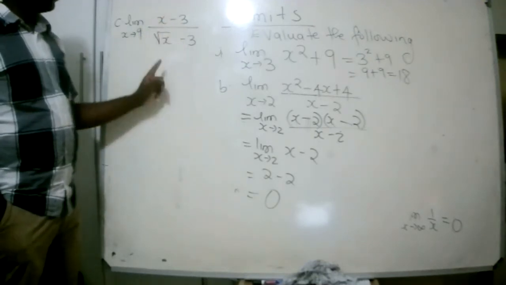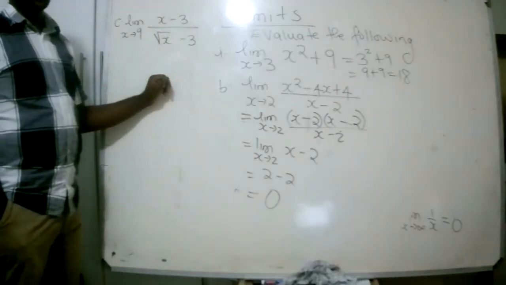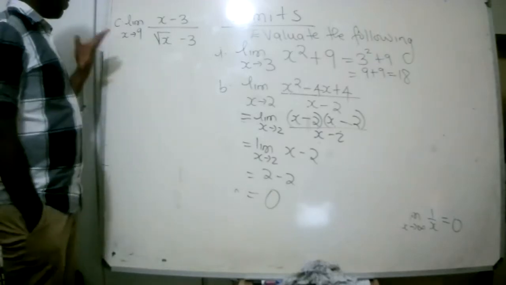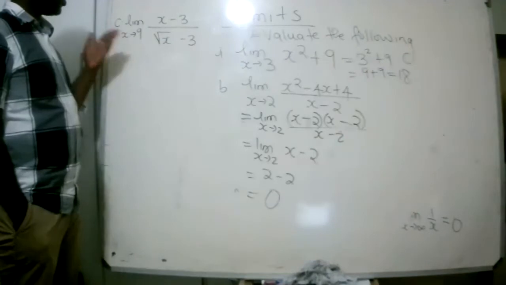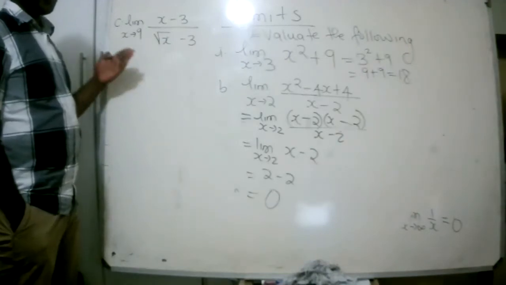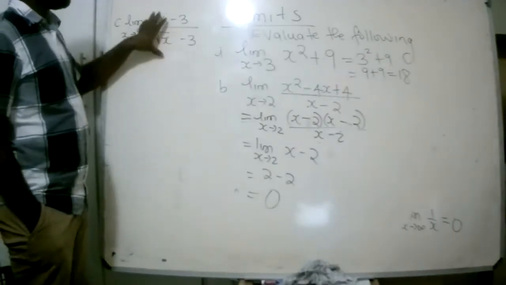So we have 6 on the numerator, and on the denominator, what are we going to have? 0. It's 0. Do you see direct substitution does not work in this situation? Yes. So whenever direct substitution is not working, it means you have to simplify this.